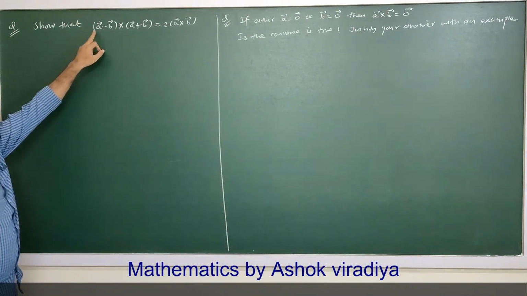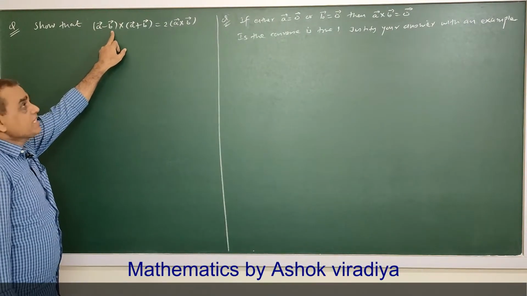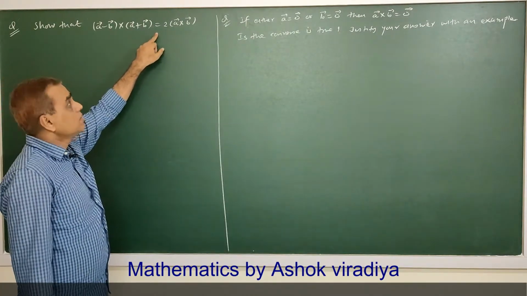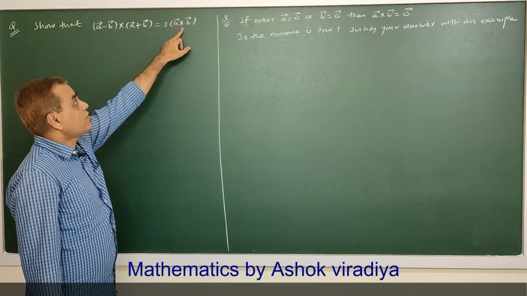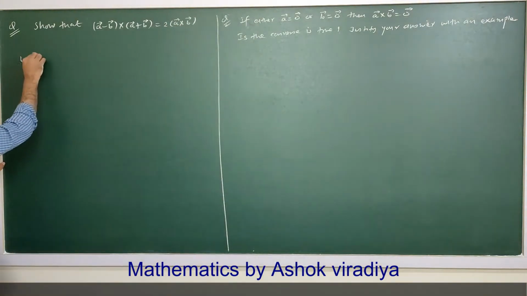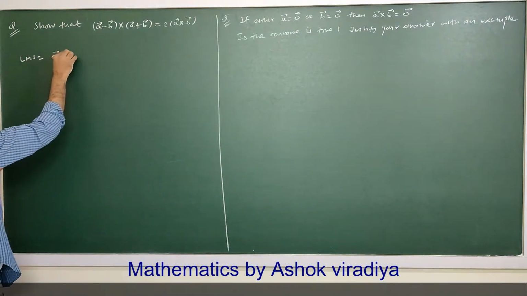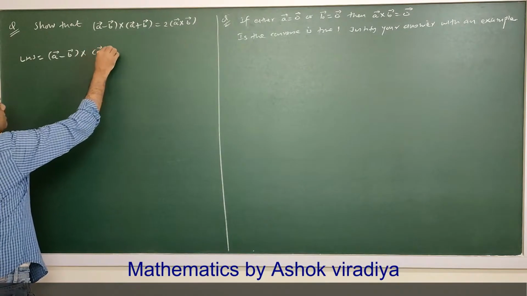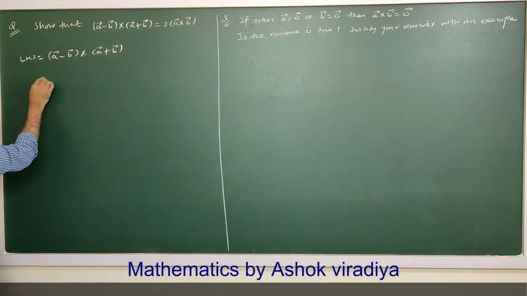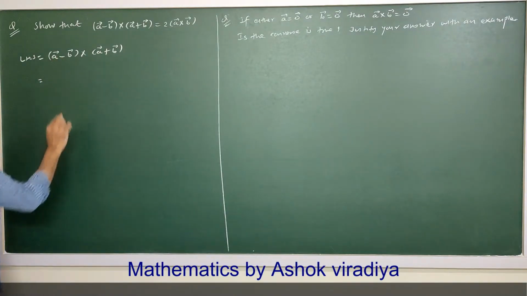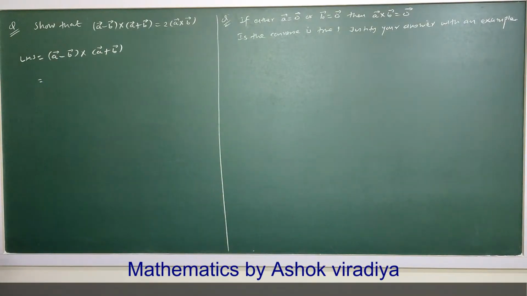Show that (vector A minus vector B) cross (vector A plus vector B) is equal to 2 times vector A cross vector B. Here, beginning from the left hand side, (A minus B) cross (A plus B). Now see, cross product is distributive over addition.